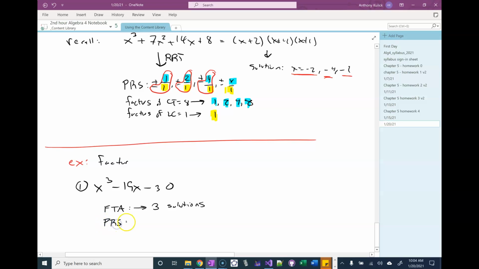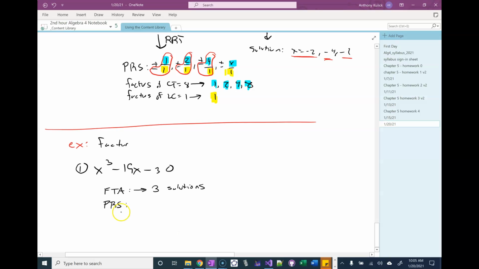So my possible rational solutions, I can find by looking at the factors of the constant term, which is -3. Those factors are just 1 and 3. And the factors of the leading coefficient, 1, are just 1. So my possible rational solutions would be plus or minus 1 over 1 and plus or minus 3 over 1. Oh my goodness, that was -30, not -3.